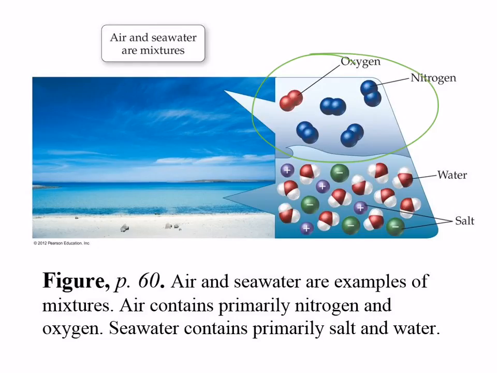And then down here, let's see if we can count. We got water, and if you take salt, salt's a great thing at dissolving in water. So here we have sodium as our plus, and the minus is the chlorine. Okay, so that's a mixture.